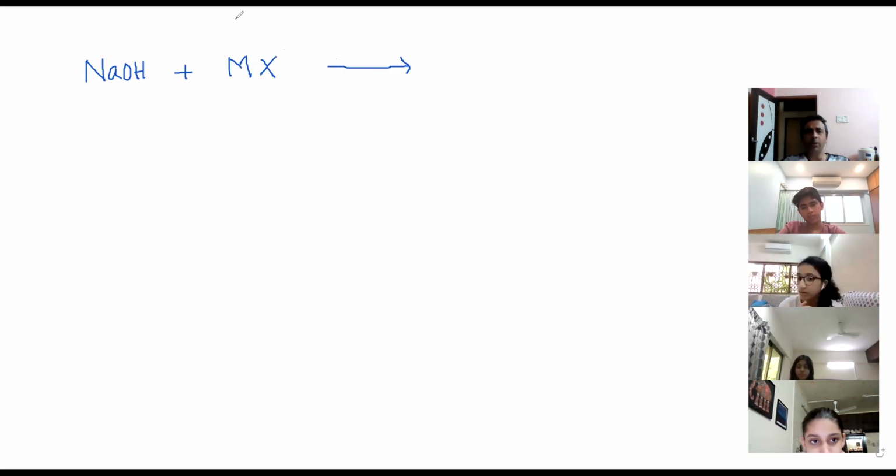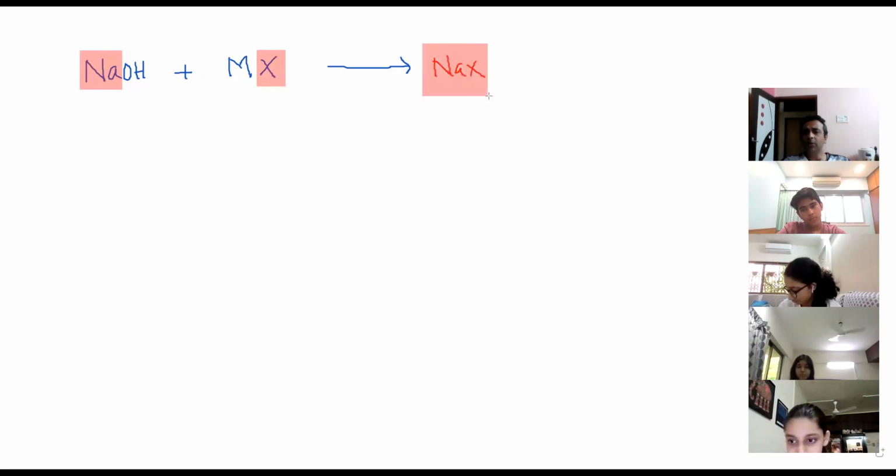X is not important. So here again what will happen is the sodium from sodium hydroxide and the X will form NaX. And I'm not interested in this product, as the previous time. Even in the reaction with ammonium salt, NaX was not important for me.